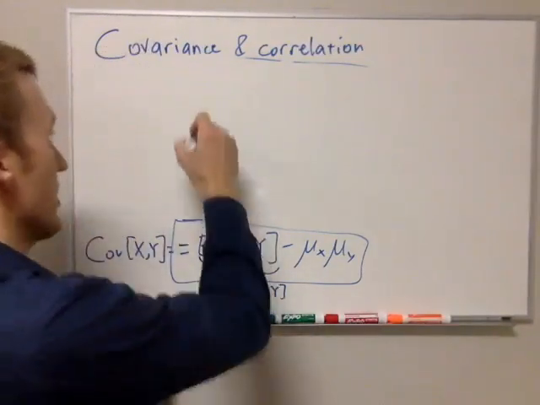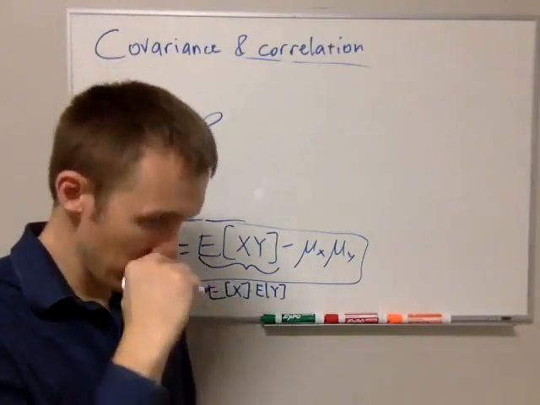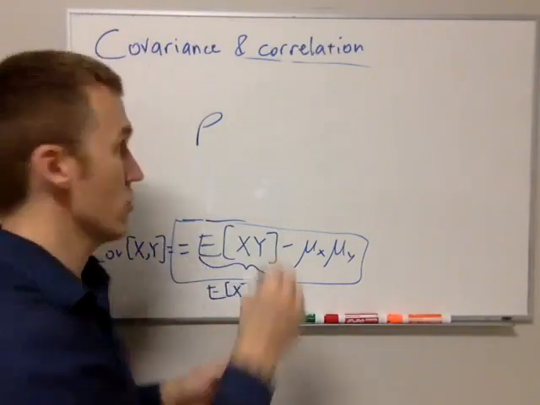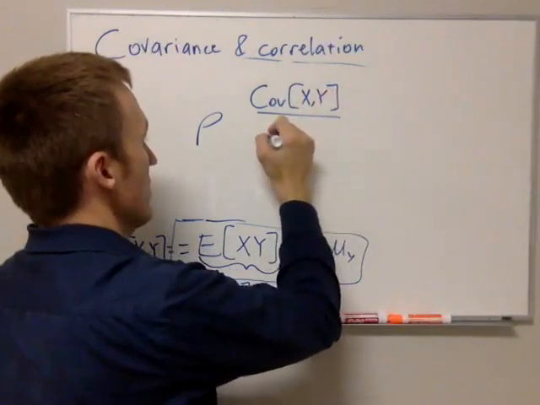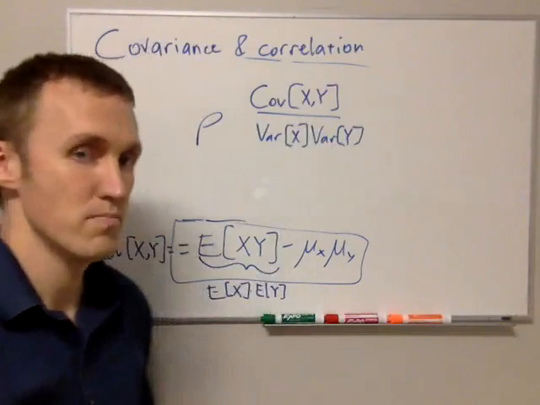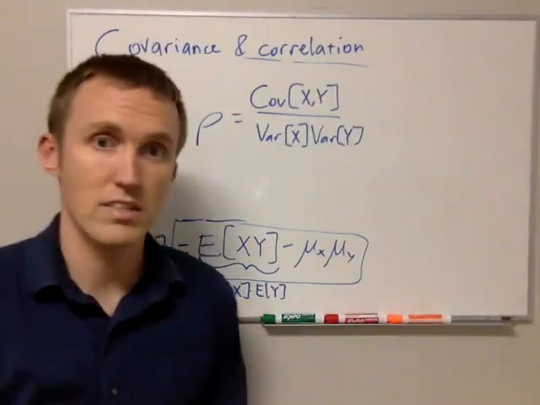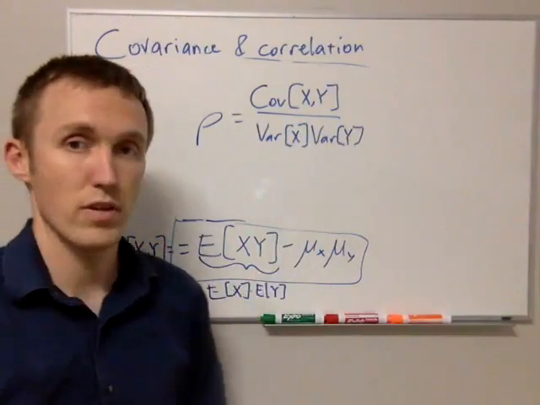We can define a correlation coefficient, rho, sometimes also called the Pearson's correlation coefficient, and this is equal to the covariance of x and y divided by the variance of x times the variance of y. So this is just the covariance normalized by the variances of those two random variables.